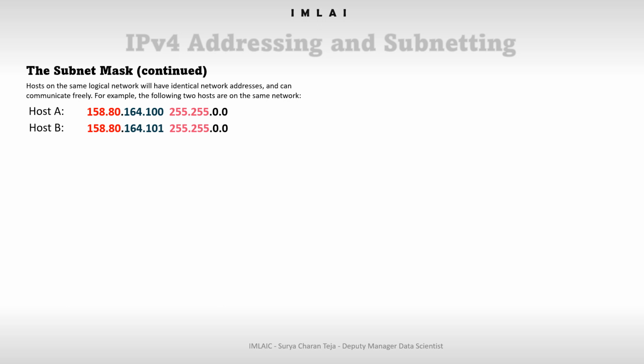Now let's take another example where we have different networks. Both are in different networks, so for that we have to look into the subnet mask. The subnet mask is very important.